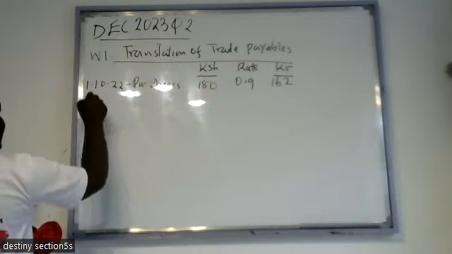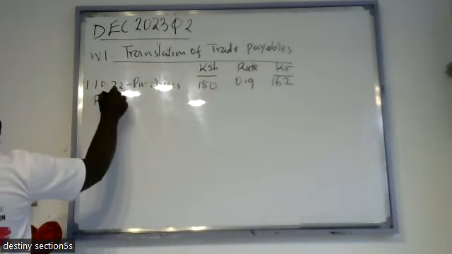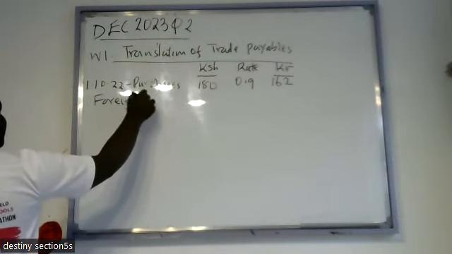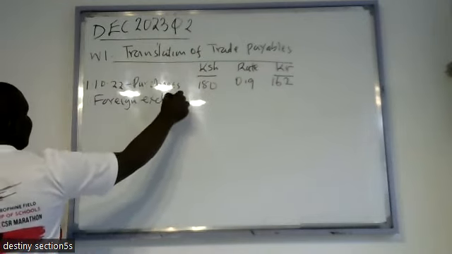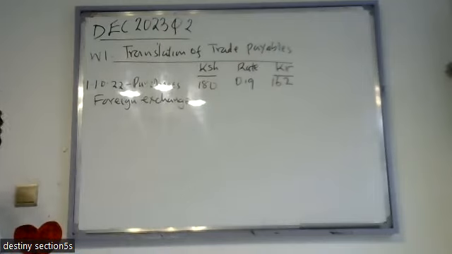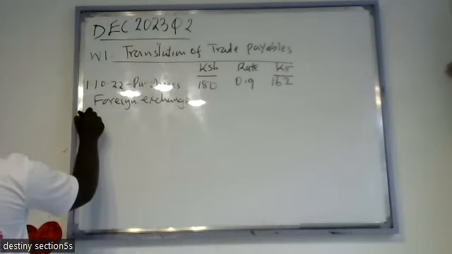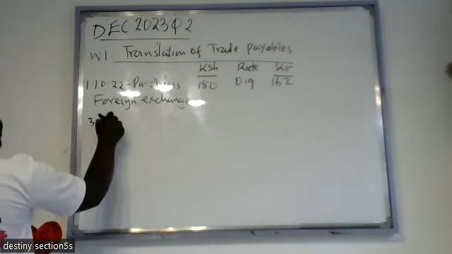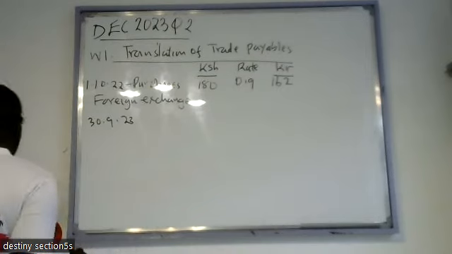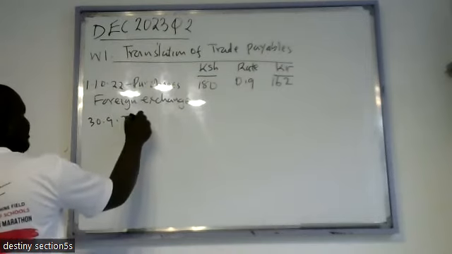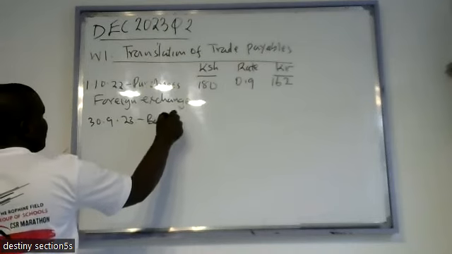Skip one line for this. Foreign exchange. You know, when you fail to translate, there will always be a foreign exchange gain or loss. So foreign exchange something, leave it like that. Then on 30th September 2023, closing, that is the balance carried down.